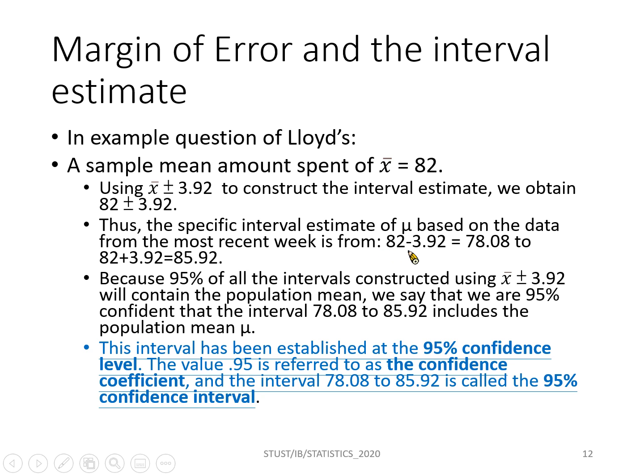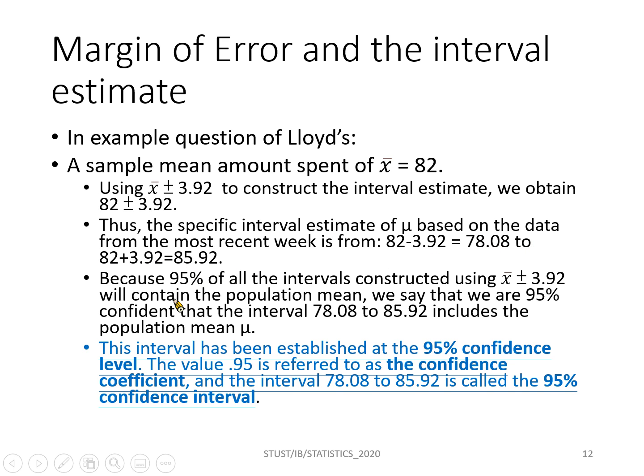That is, when 82 deducts 3.92, you will get 78.08. And when you add 3.92 to 82, you will get 85.92. They express an interval for your estimation.